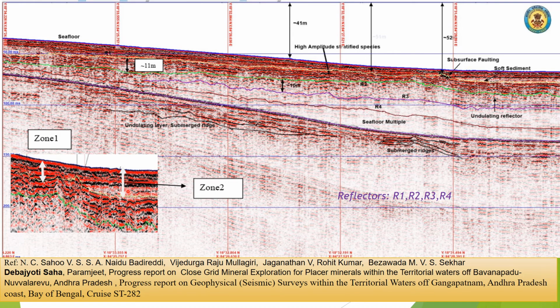Zone 2 is mainly a soft sedimentary layer, and you can see there is a difference of material by these inset figures. And this green is delineating the R2, and this upper one is the R1 layer. So this is a zoomed-in portion. It is also acquired. This we have taken from the progress report on the geophysical seismic survey.